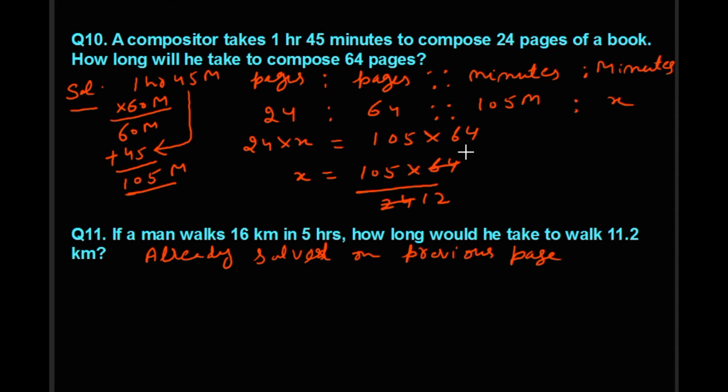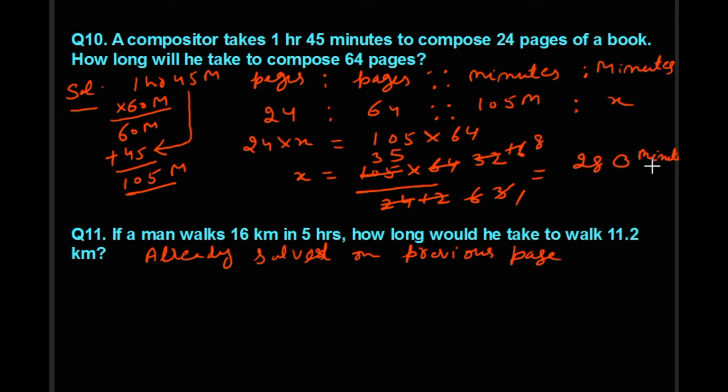So 12 twos are 24, 32, 16, 6, 8, 3, 3 ones are 3, 3 threes are 9, 3 fives are 15. So 35 times 8 is 280, which is 280 minutes. Now these are minutes.